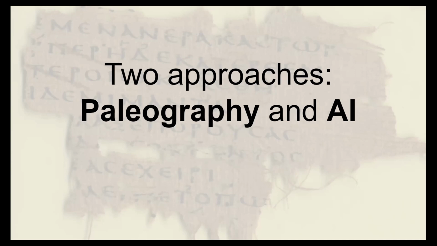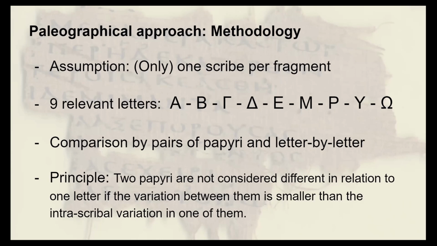I will be explaining the paleographical approach. My methodology for comparing the papyri and answering the aforementioned questions took the following path. First of all, the assumption that we only have one scribe per fragment. That would be a nice discussion with Mladen afterwards.